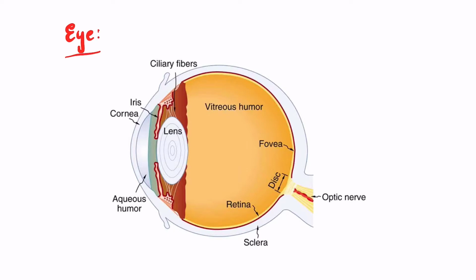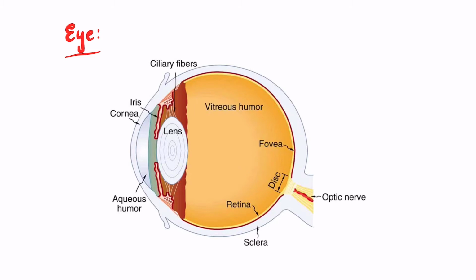The human eye is one of the most interesting of all optical instruments, because it's remarkable that it can form so many images with so little work. What you're looking at here is the anatomy of the human eye.